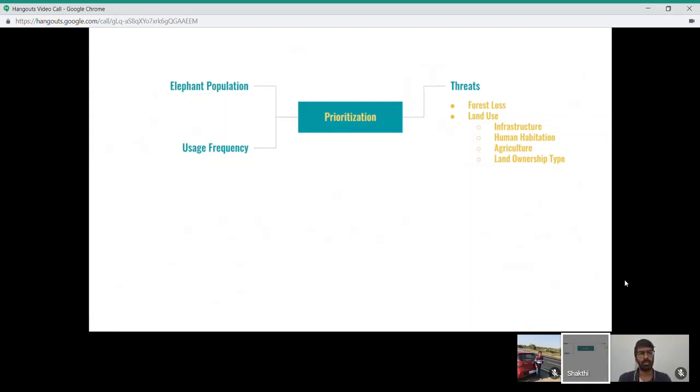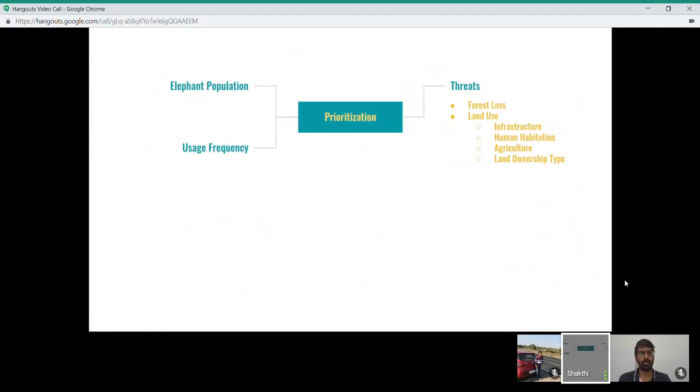In the study, we've got forest loss data, and we also look at land use patterns such as infrastructure development, human habitation, agriculture and land ownership type, etc.